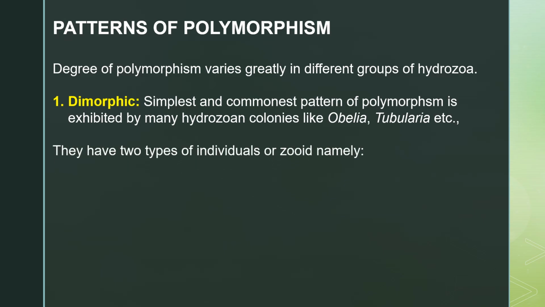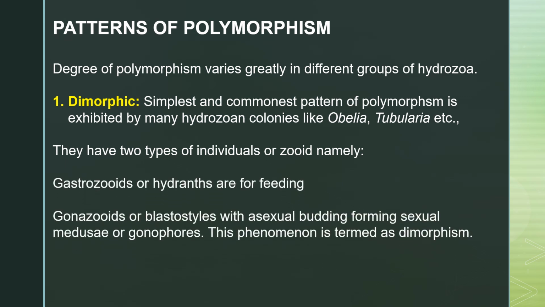They have two types of individuals or zooids, namely gastrozoids or hydranths, which are used for feeding, and gonozoids or blastostyles with asexual budding forming sexual medusae or gonophores.